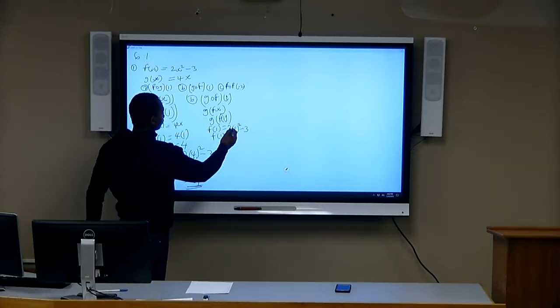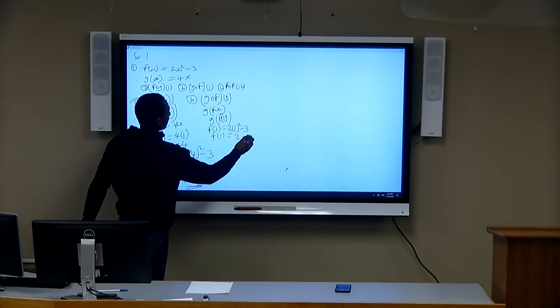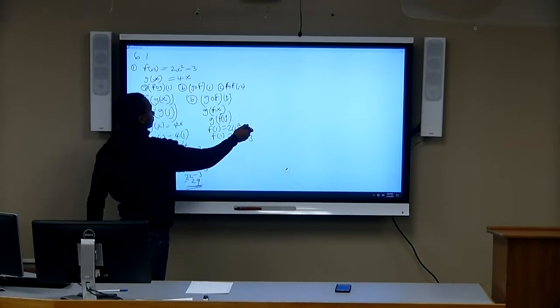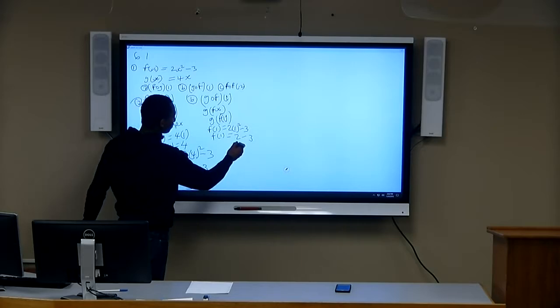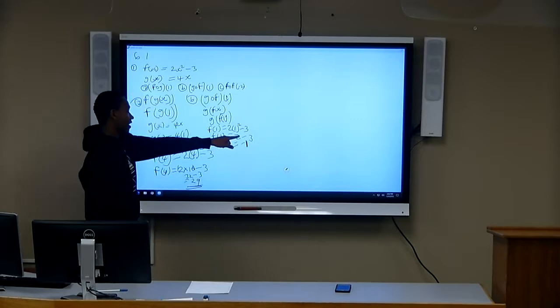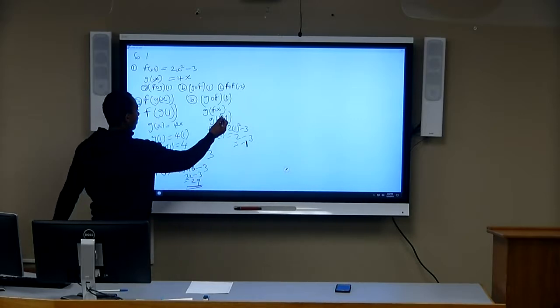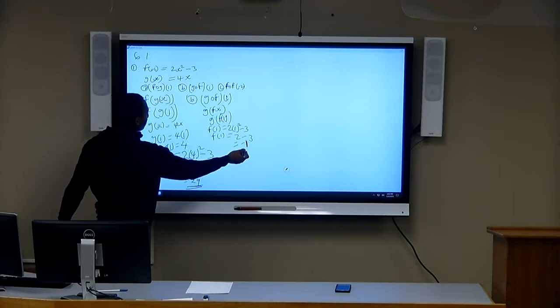So it's 2 times 1 minus 3, which is 2 minus 3, which is negative 1. So f of 1 is equal to negative 1.